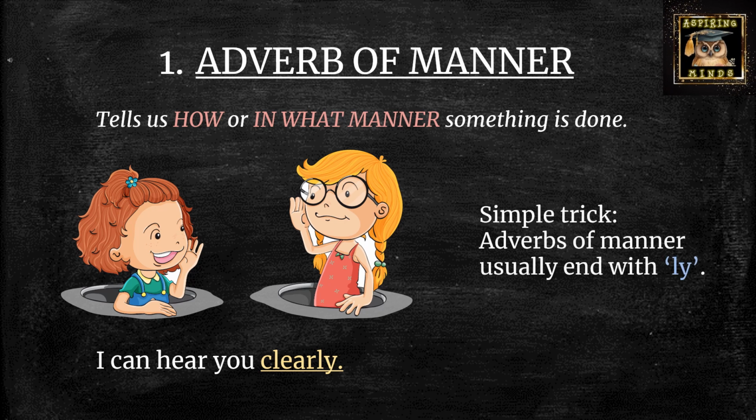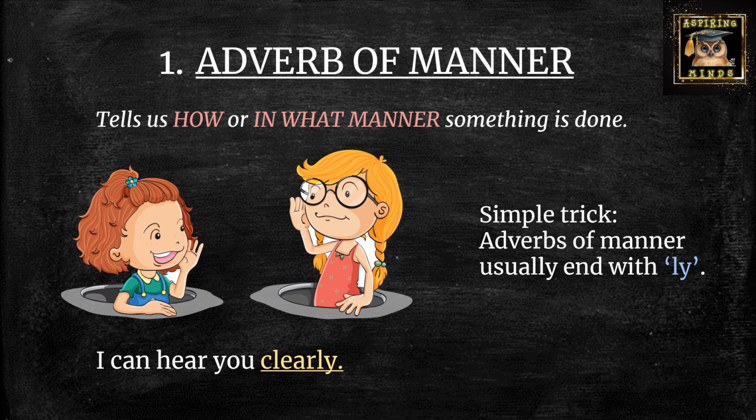Let us now have a look at adverb of manner. It tells you, remember, how or in what manner something is happening or an action is taking place. Look at the image that you see on your screen. I can hear you clearly. I have already identified for you the adverb of manner. Here the word clearly is telling about how she can hear, right?